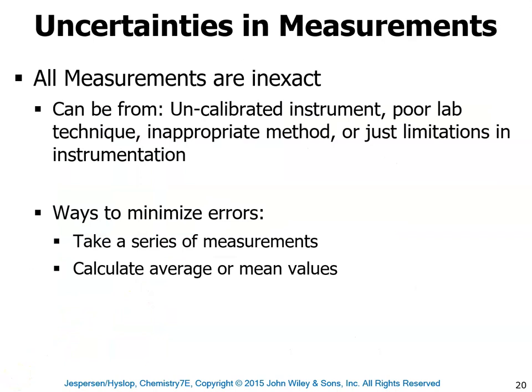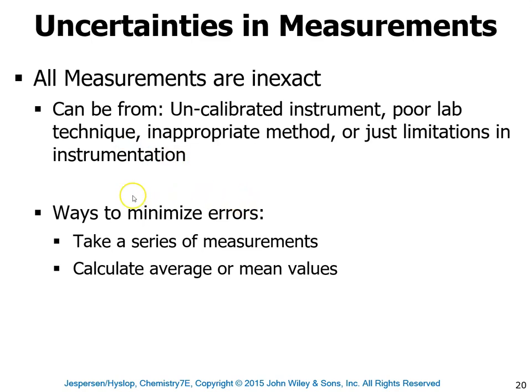So when we're looking at measurements, remember I mentioned earlier that all measurements are inexact, which means that even if you have calibrated instruments or you're doing appropriate lab technique or you're doing the method correctly, there can still be errors in the measurement. Just the limitations in the instrumentation can sometimes cause this.